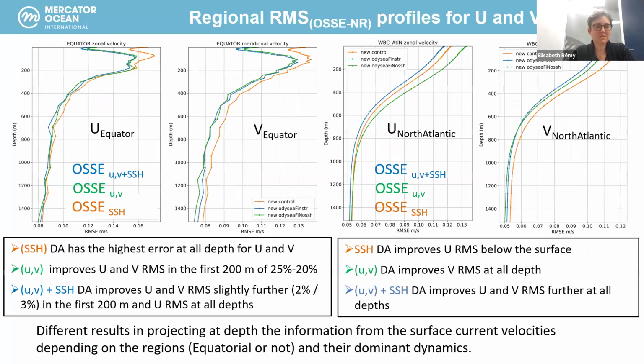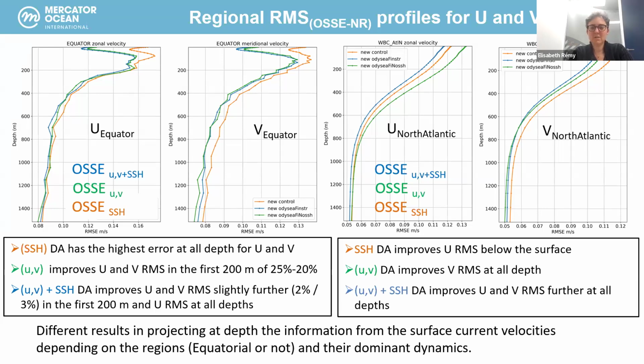and we also looked at different regions. Here are just two examples, really to highlight that the way the system behaves can differ depending on the region and the dynamics. At the equator, since the geostrophic part cannot be well constrained by altimetry, we can see that UV and SSH perform better than SSH only.